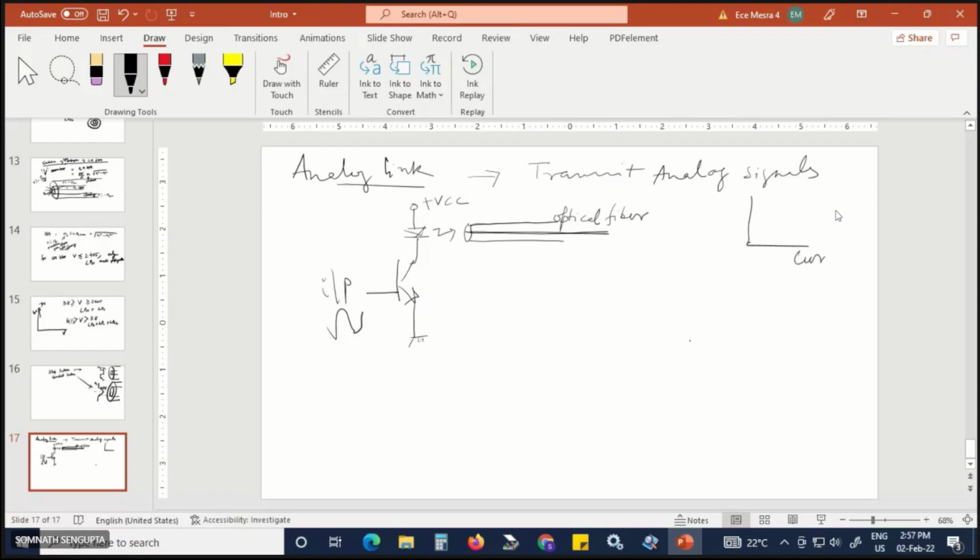This is current and this is light intensity. So it is linear. So according to the input signal, the intensity of light will change. So basically intensity modulation takes place in optical fiber.